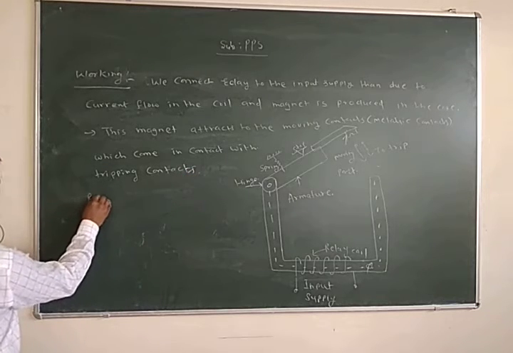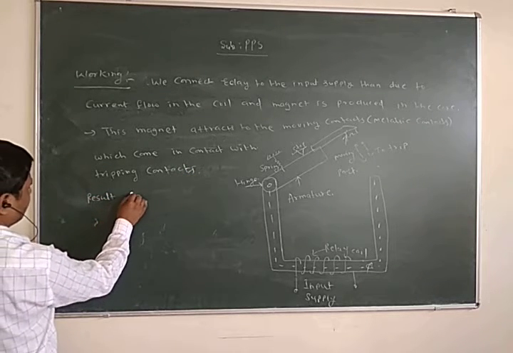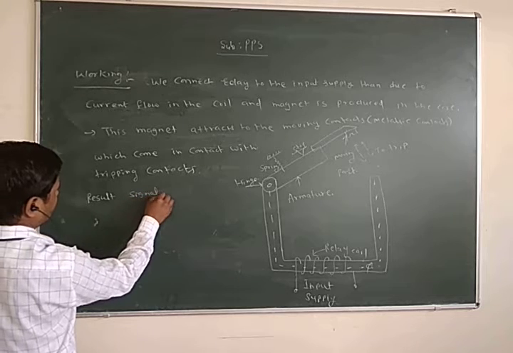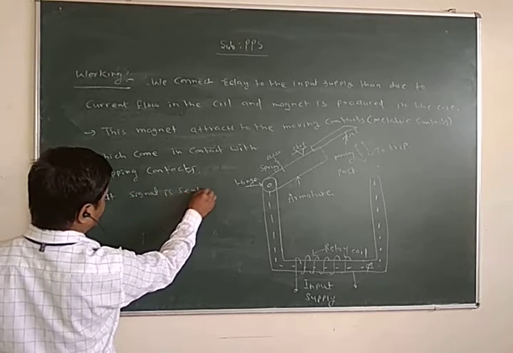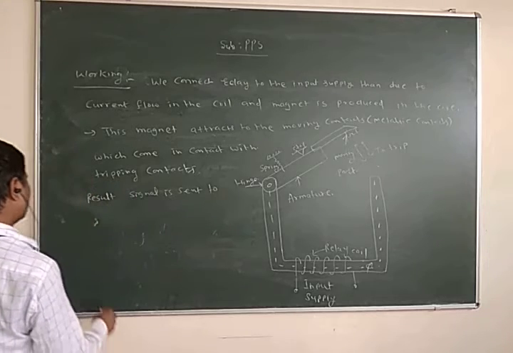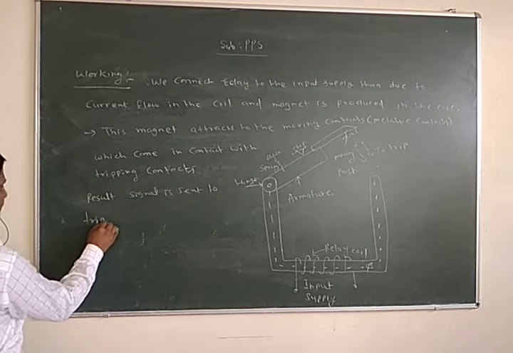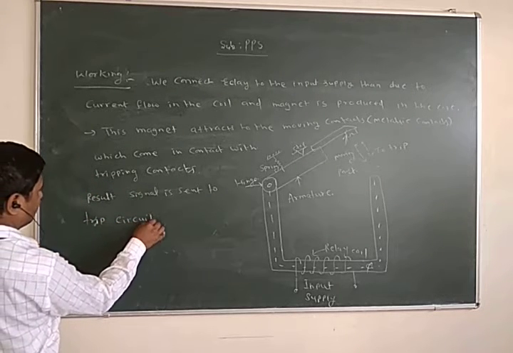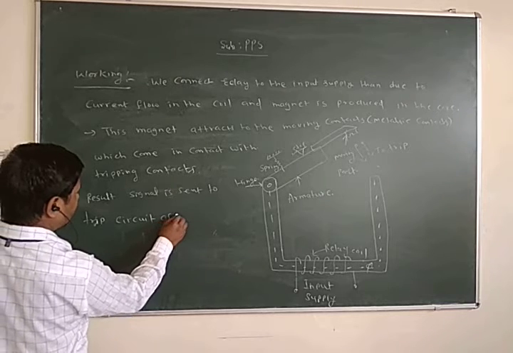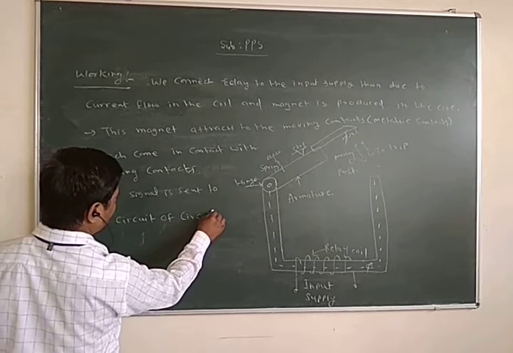Result: a signal is sent to the trip circuit of the circuit breaker.